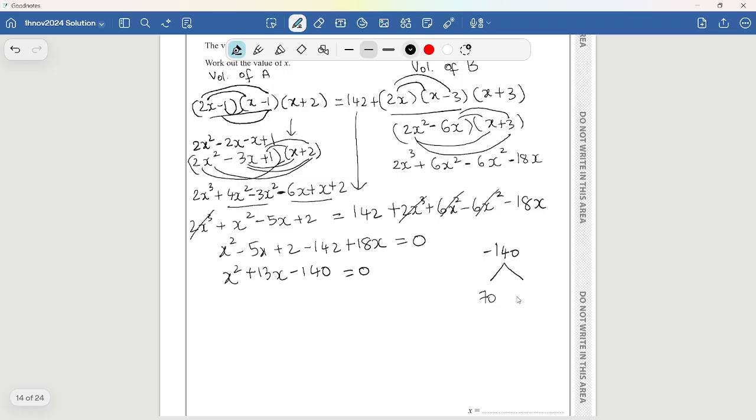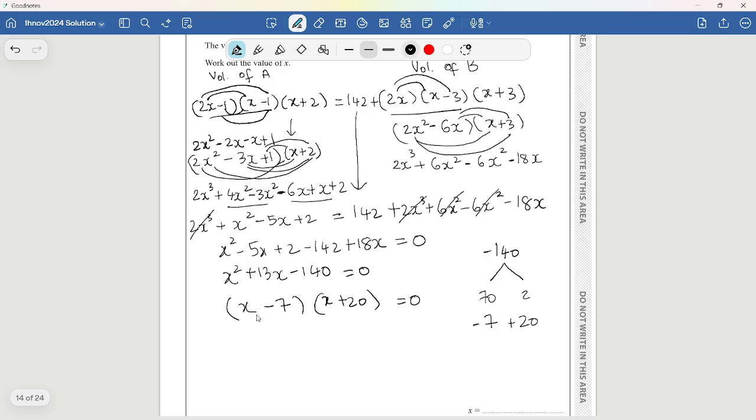So 70 times 2, well, it's not useful to me. I can use 7 times 20, I think. Yeah. So if I take away 7 from 20, I get 13. So to be precise, it should be minus 7 and plus 20 to get a positive 13, right? So I've got the factors. I can write this quadratic expression in the factored form by taking x minus 7 and x plus 20 equals 0. Now this is a quadratic equation in the factored form.